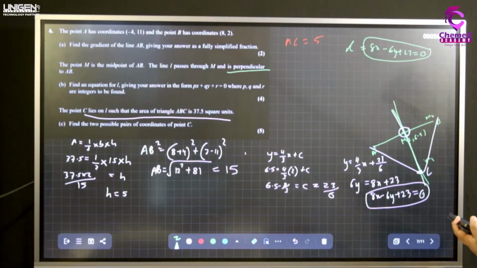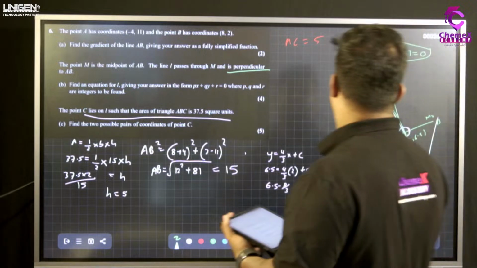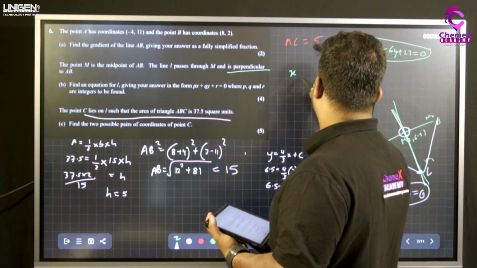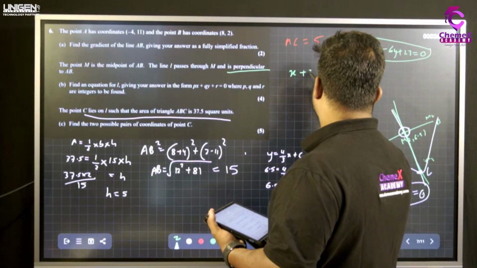M coordinate is known. What can I do? Any idea? It is either plus. So for x, whatever the x value you had, it can be either plus 3.